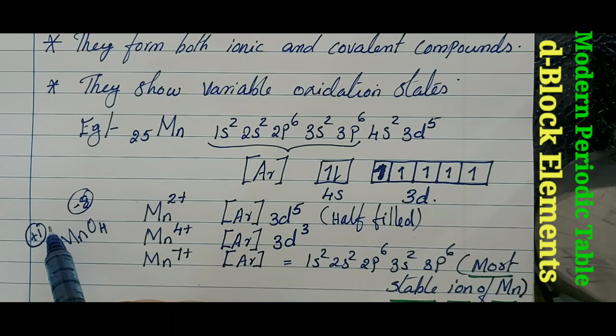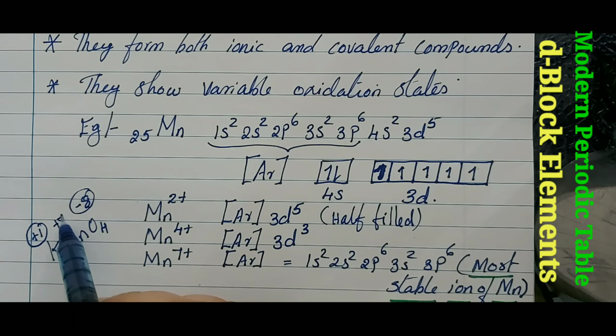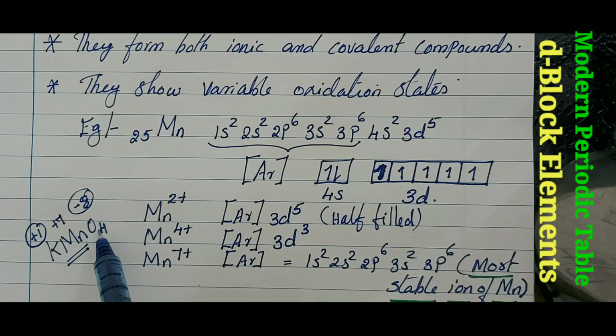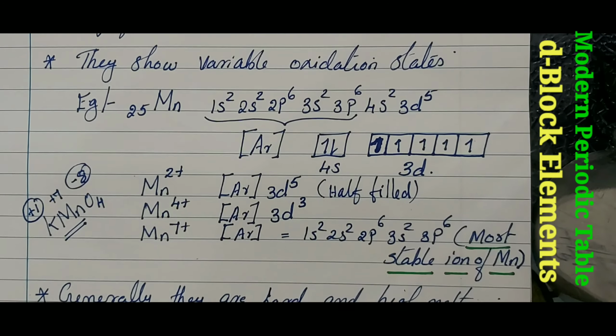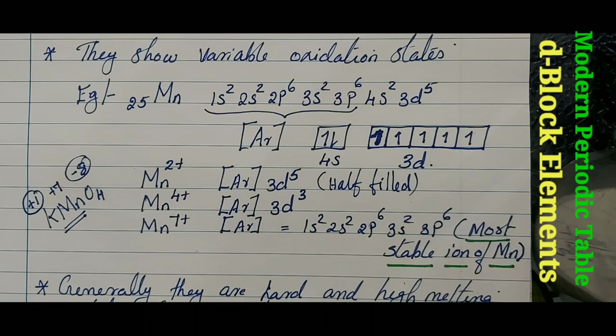To nullify the charge, you need here +7. So the oxidation state of Mn in potassium permanganate is +7. Here you can see Mn7+ has argon's configuration, very stable. What is the reason? The most stable ion of Mn is Mn7+ because it reached a noble gas configuration, that of argon.